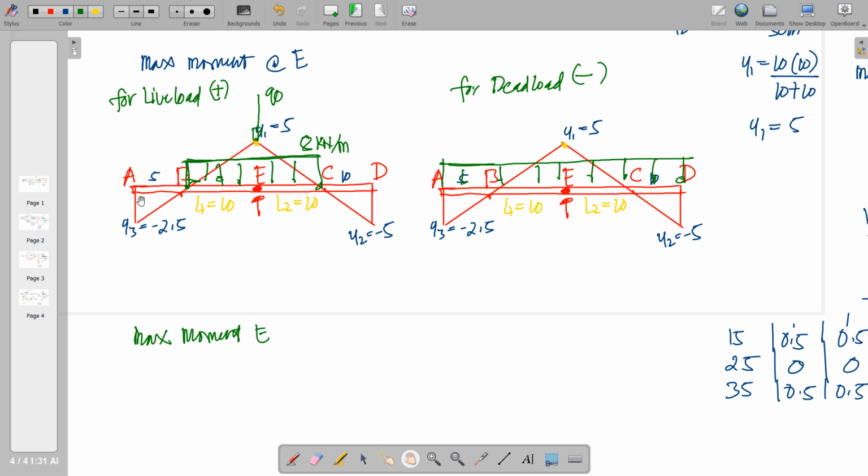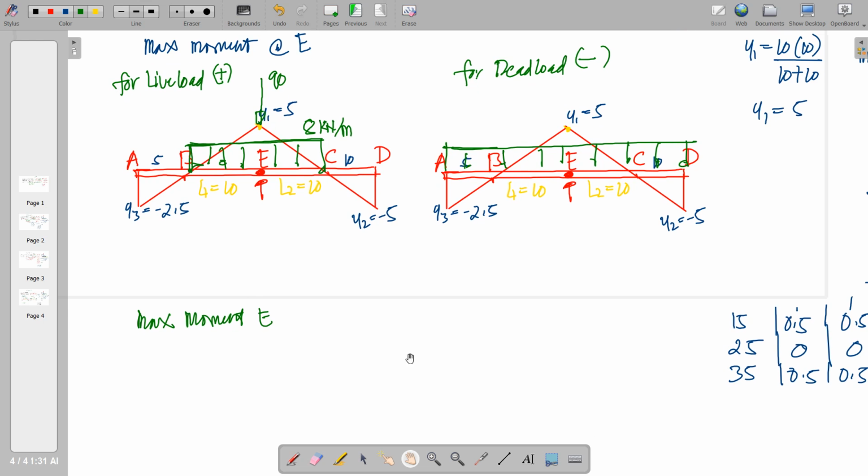Unlike for negative, there are smaller rectangles there. And obviously, if we are going to compute this one, it will also yield positive. So if we have a combined positive and negative, your maximum moment at E will just be reduced. So we will not bother ourselves again in computing for the negative values here.